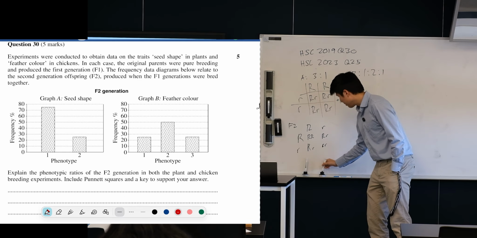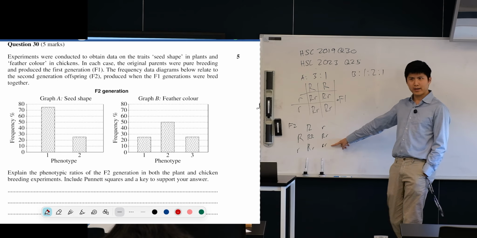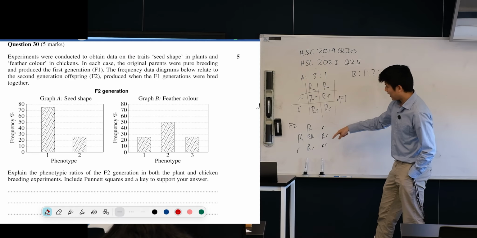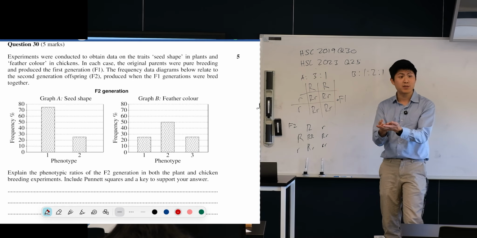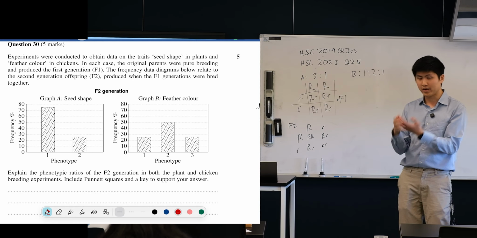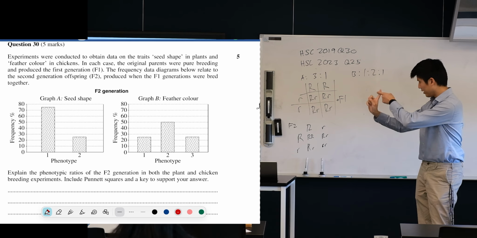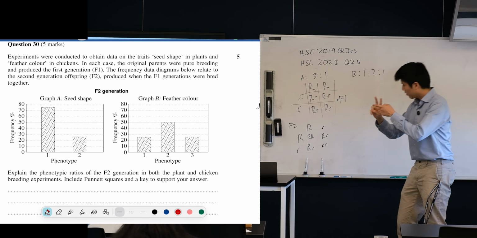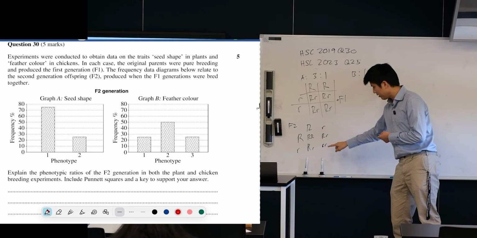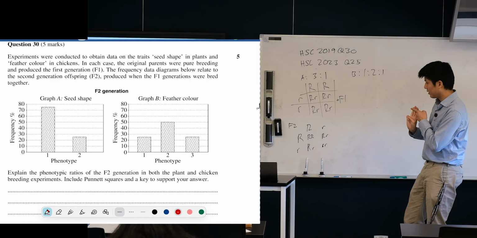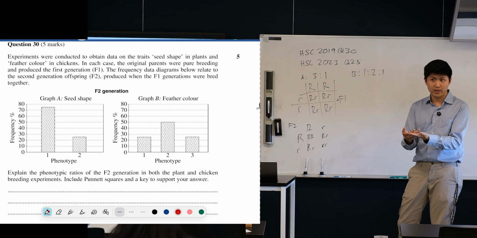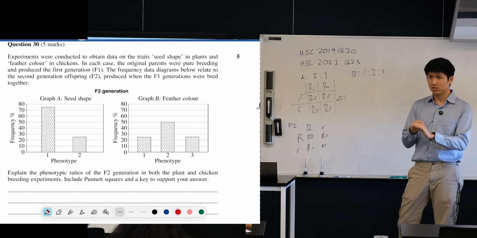So can we see here in this Punnett square that now my genotypic ratio is 1 to 2 to 1? My genotypes, because 1 big R, 2 big R, little r, and 1 little r. But my phenotypic ratio is 3 to 1.